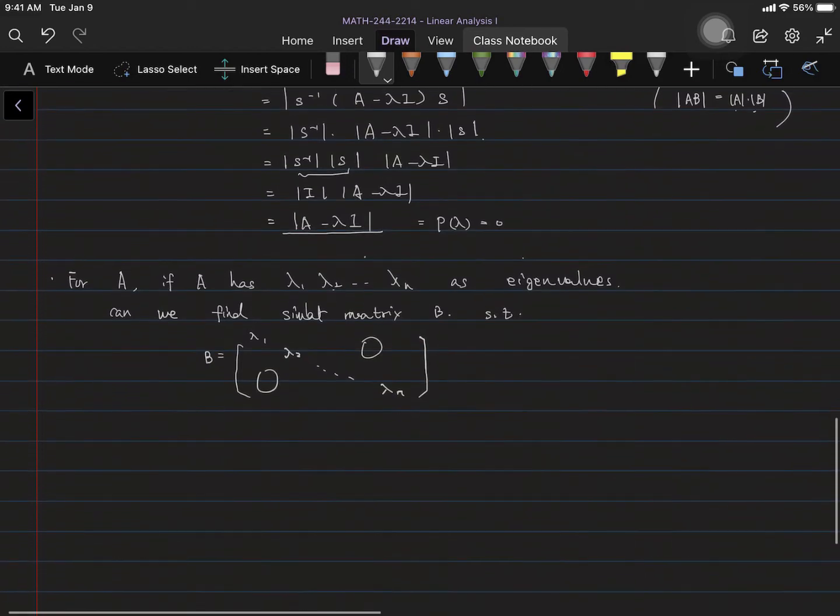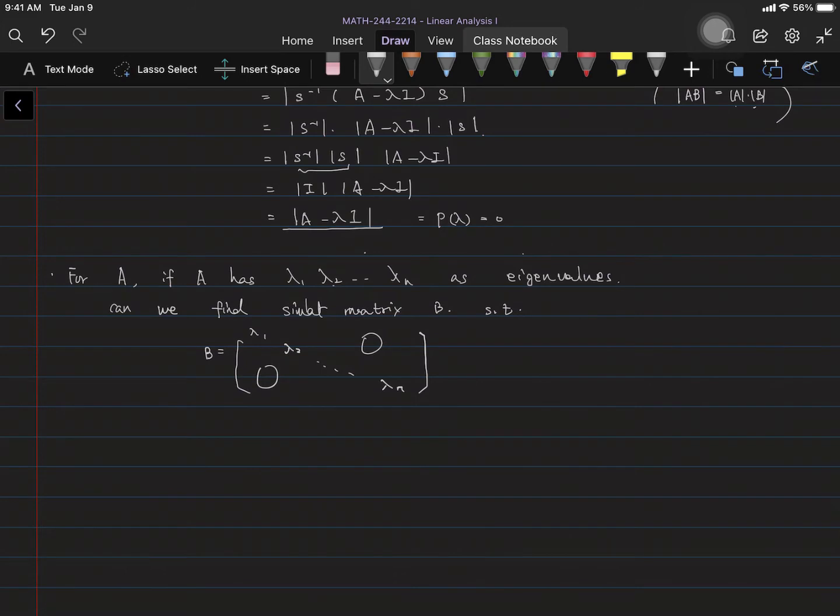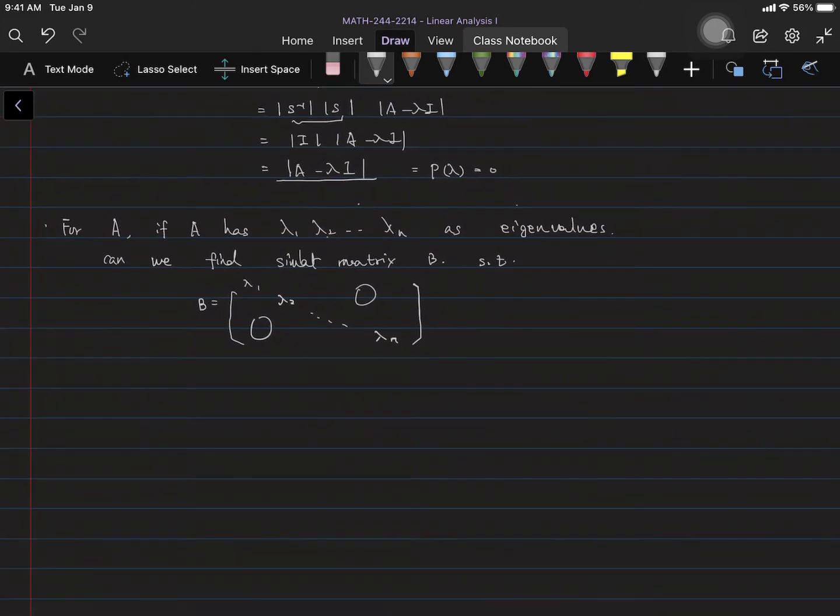Okay, I know it's kind of difficult to understand here, but let's take a look at this simple example. I'm going to give you a 2 by 2. For example, if B is a diagonal matrix of this form, just a random example, and the 2 and the 3 here, I'm going to ask you, what are the eigenvalues?